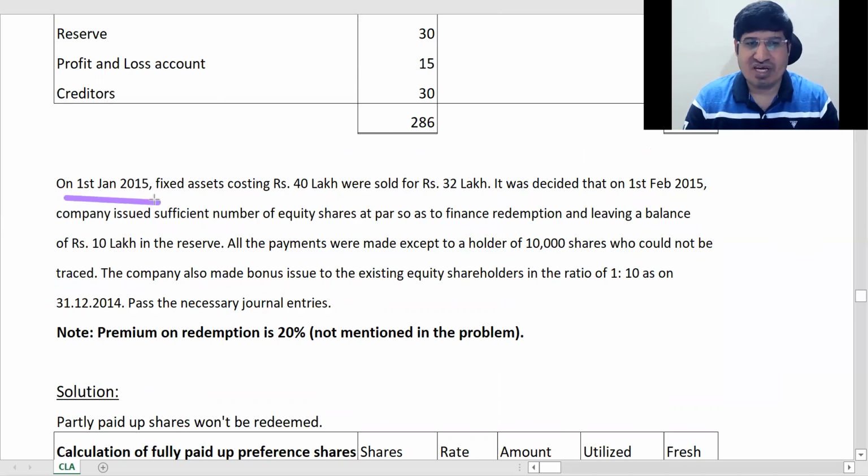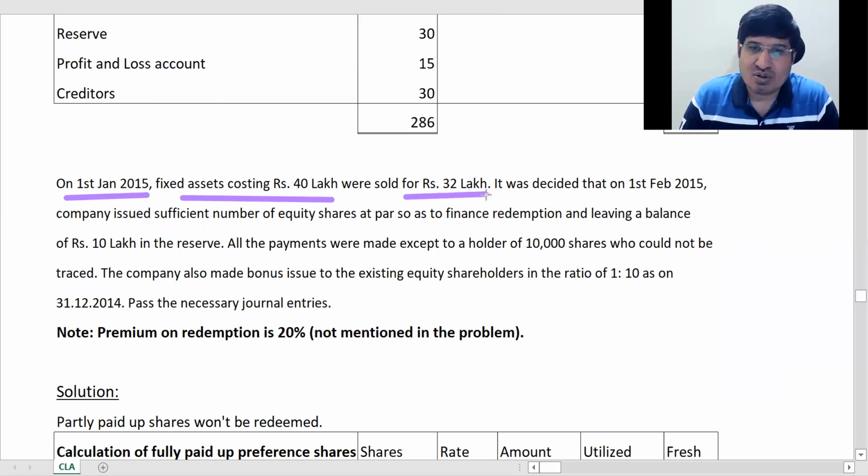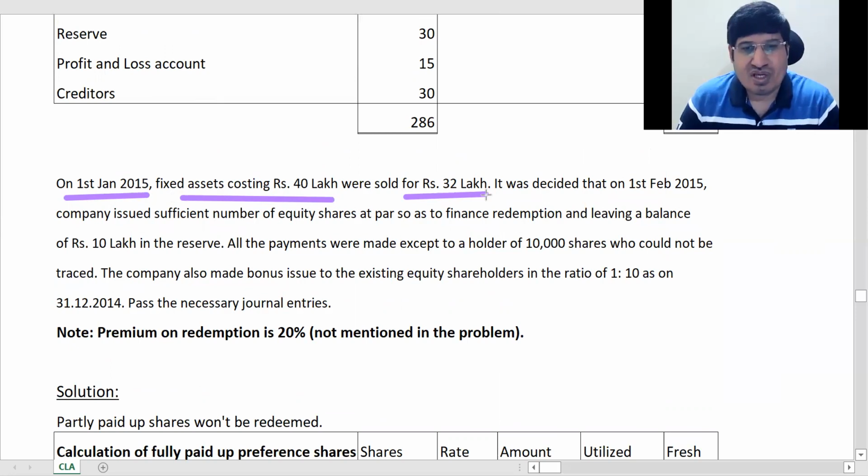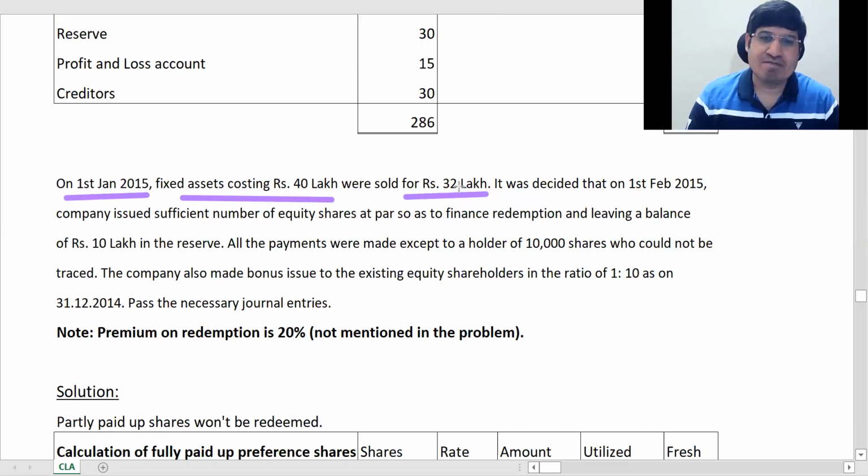1st Jan 2015, immediately the next day after the balance sheet, fixed assets costing 40 lakh were sold for 32 lakhs. Loss of 8 lakhs. So you will have a loss of 8 lakhs. Now just be careful, this is again after the balance sheet, it's kind of an adjustment for you.